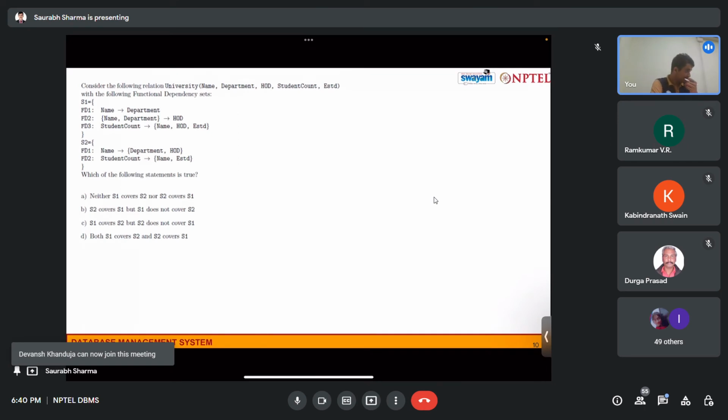So we should know what covers are. A set covering means both of the functional dependency sets should be equivalent to each other. If it is so, or if it provides some subset of S1 to S2, then only we can comment on this cover.